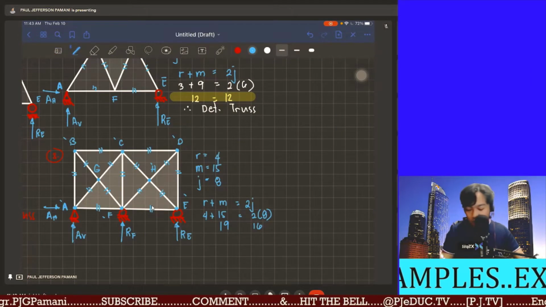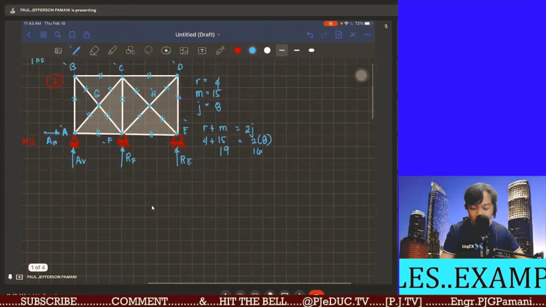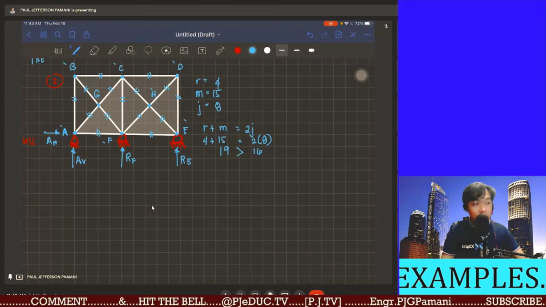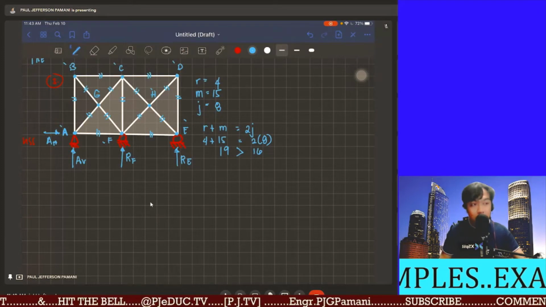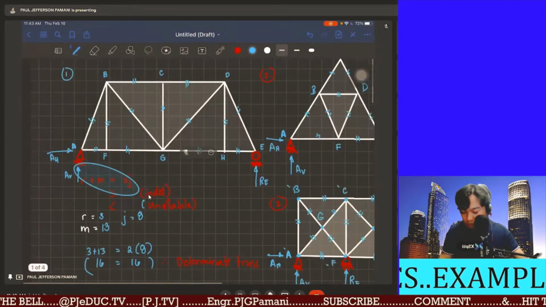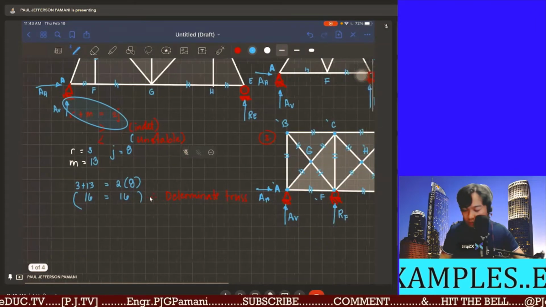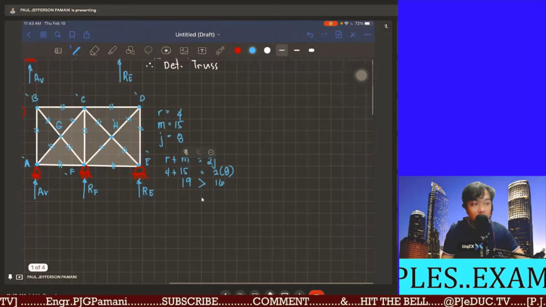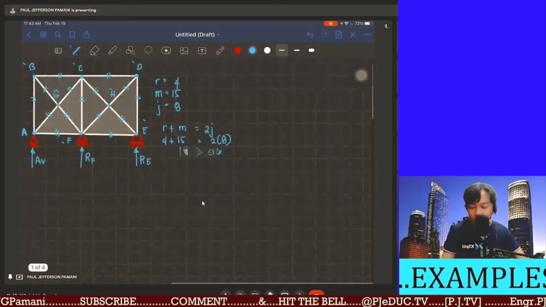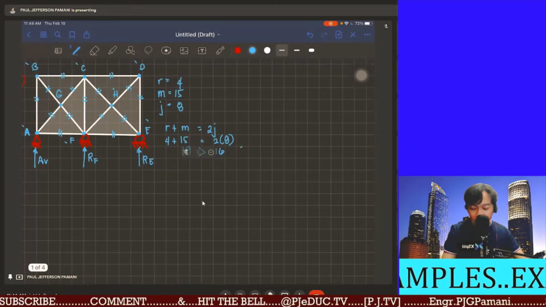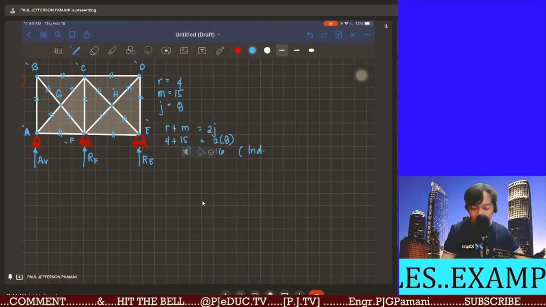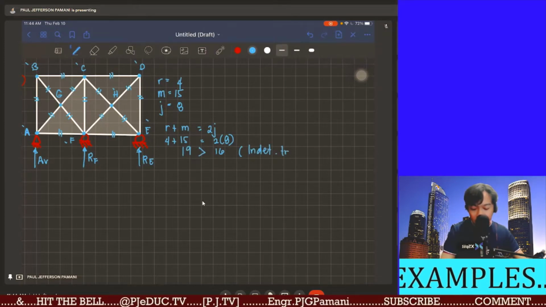Therefore, R plus M is greater than 16. Tama? Yes, sir. Greater than 16. Giving us the notion that this is an indeterminate truss.